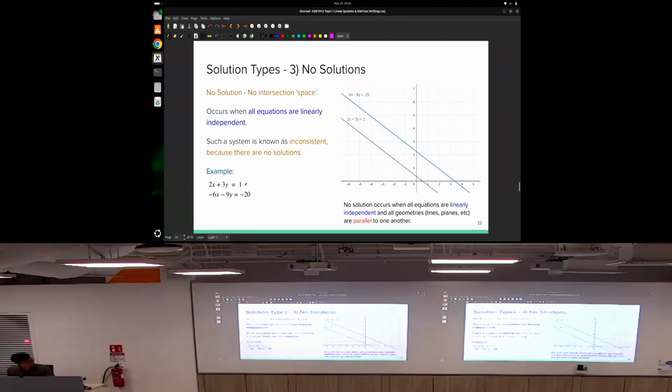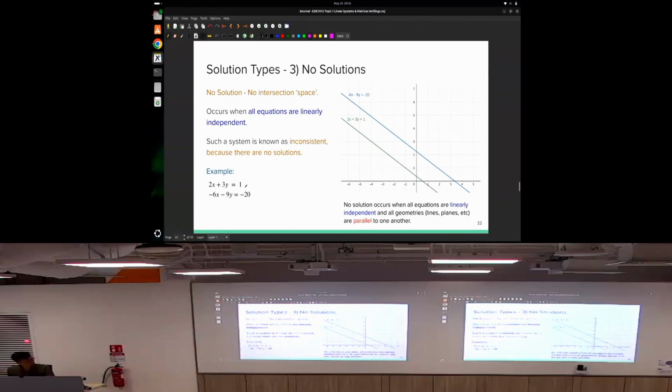But on the right hand side, you do not get 1 times -3 here. So this equation cannot be formed by a constant multiple times the first one. Although they have the same gradient, they don't have the same y-intercept. So you cannot say that you can take the first equation, multiply by some multiple to get the second one.